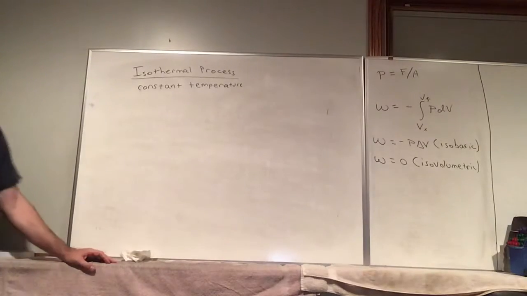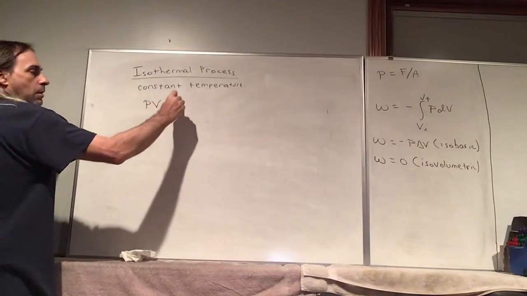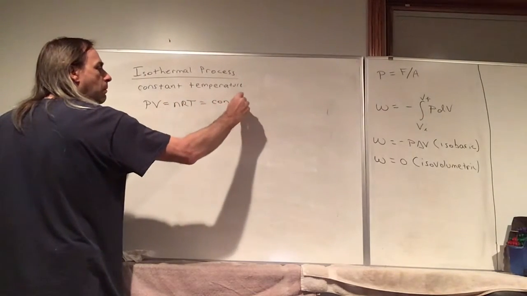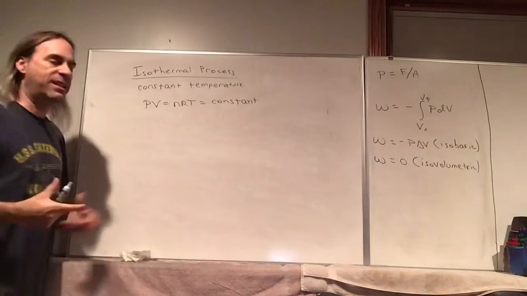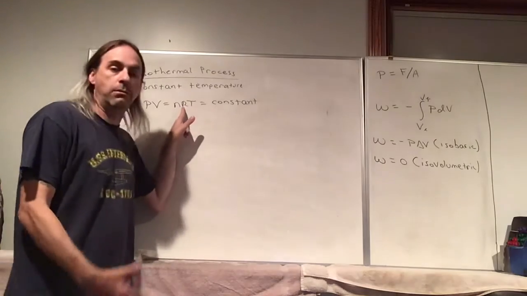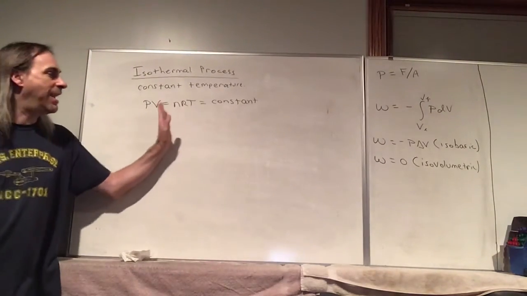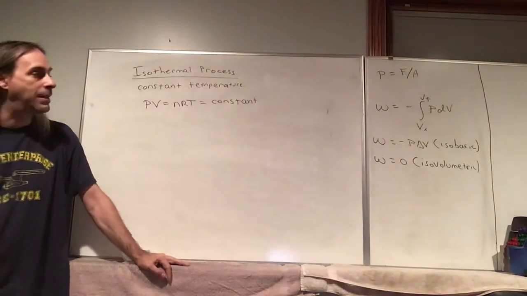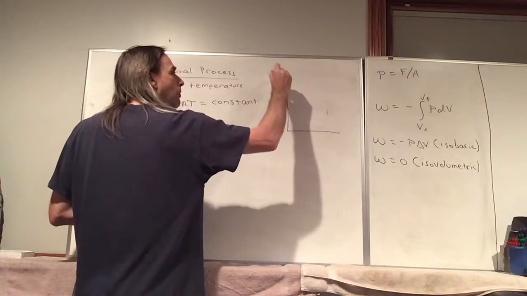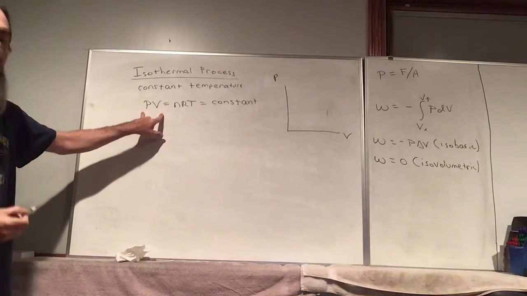So let's look at our ideal gas law. We have a fixed amount of gas, so N is fixed. R is the universal gas constant, well, that's obviously constant. And if the temperature is constant, the entire right side is constant. So if we look at our PV diagram, we have P times V is a constant.